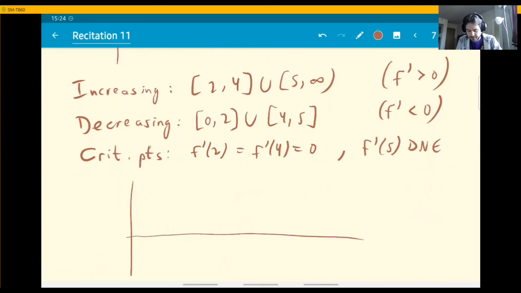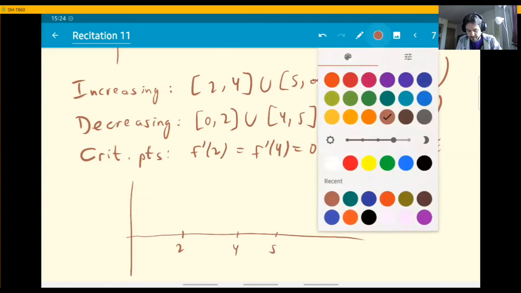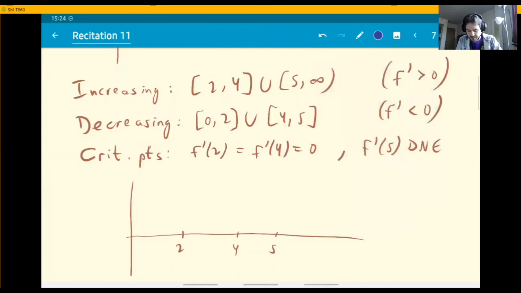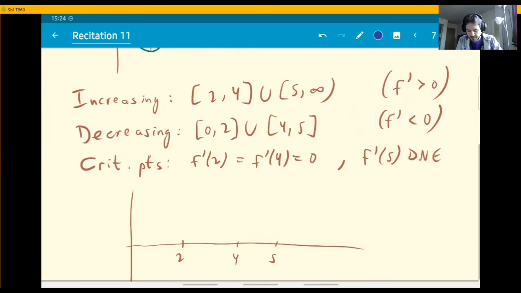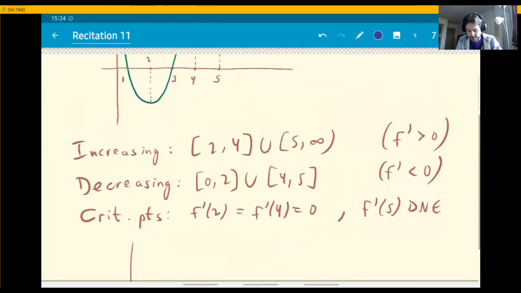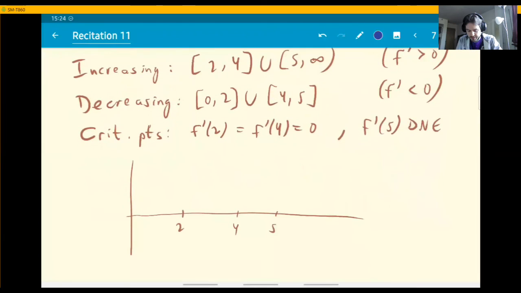You just need to make a function that is negative and positive where appropriate. Negative between 0 and 2. Then it's going to become 0 at 2.